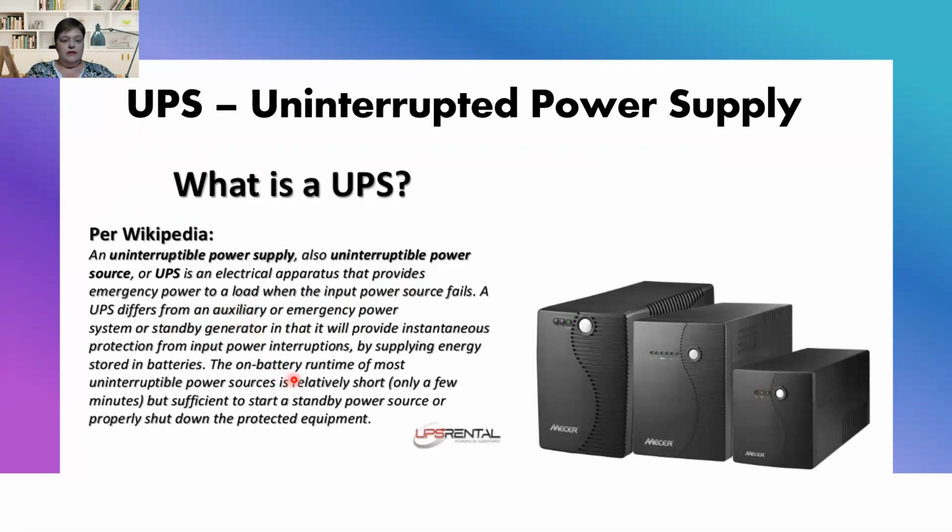A UPS will provide instantaneous protection from input power interruptions by supplying energy stored in batteries. Remember, I said these batteries don't look like your AAA or AA batteries. They're these square blocks inside and look very much like a car battery.